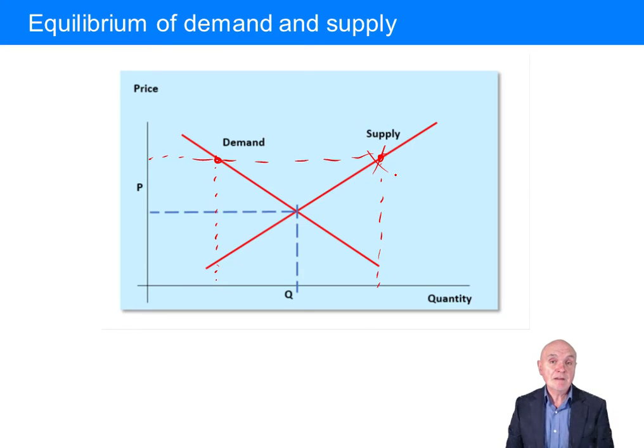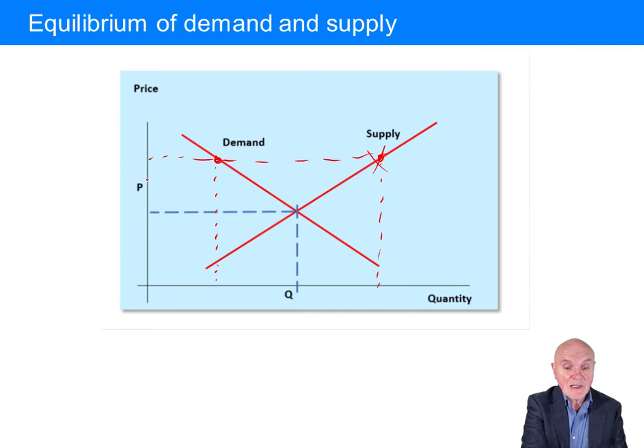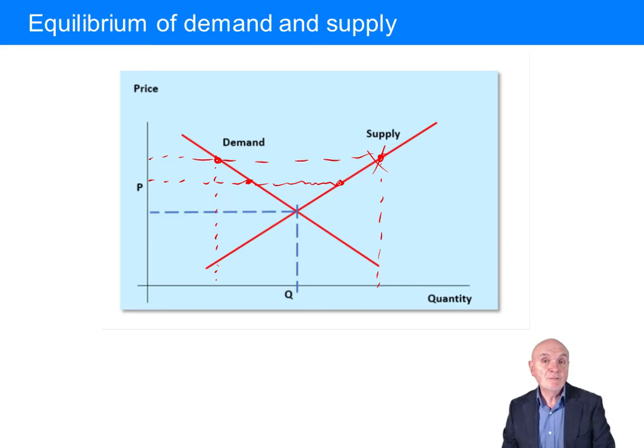The manufacturers will be left with products they can't sell. And of course, you know what happens when shops or manufacturers are left with products they can't sell. They usually put on sales. They say, right, I'm going to reduce the price of this product by 10%, and they hope that this is going to encourage people into the shops to buy at a lower price. This will increase the demand, and with the lower price, fewer producers will want to be in the market.